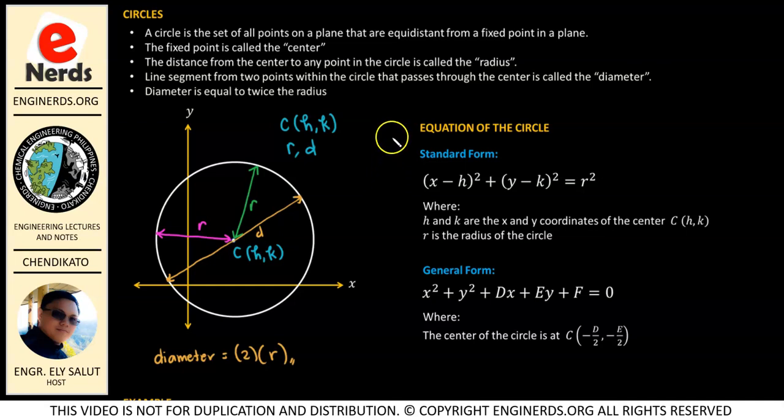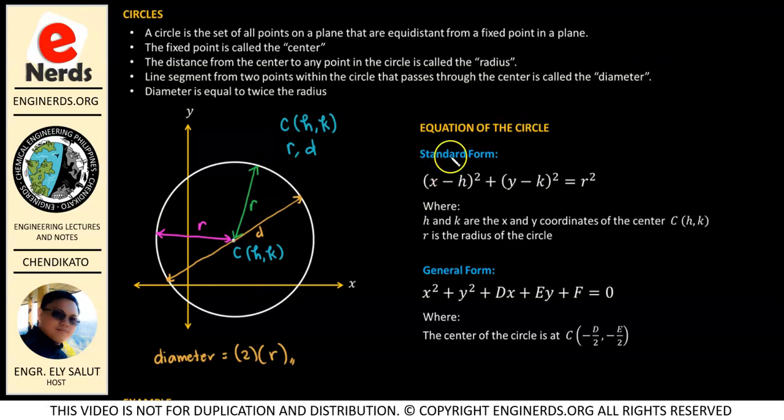Now, there are two ways to represent the equation of the circle. We have the standard form and we have the general form. Makikita natin dito sa ating standard form that it is already arranged in a way na ang ating x is being subtracted sa x-coordinate ng ating center. Kung naalala ninyo, ang coordinates ng ating center is h as the x-coordinate and k as our y-coordinate.